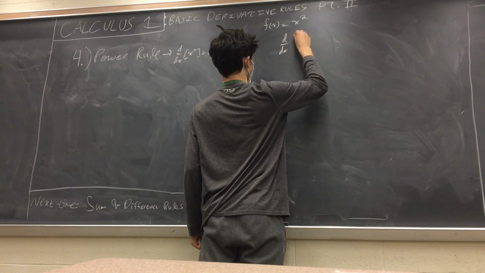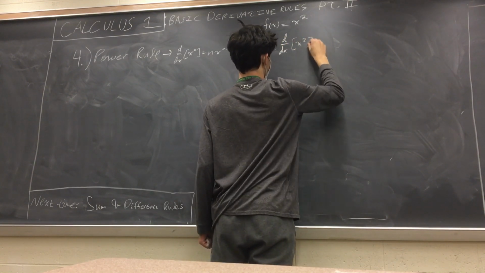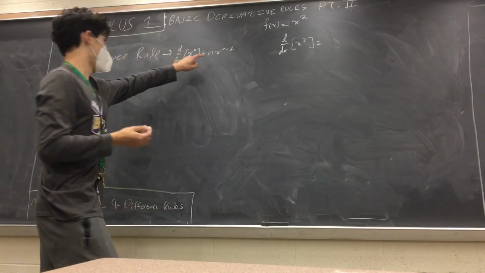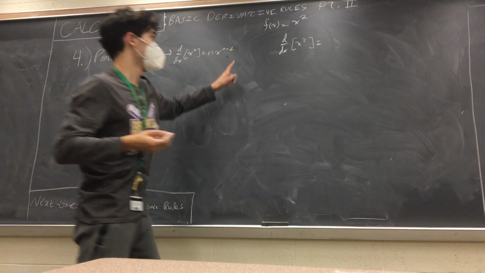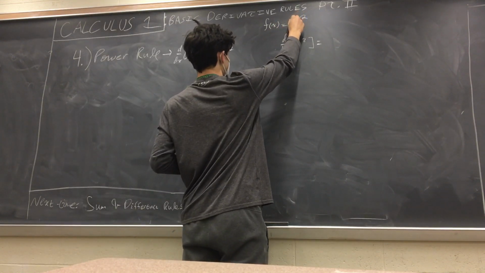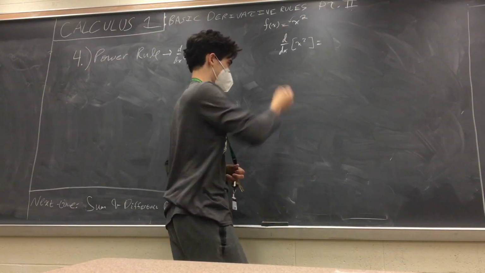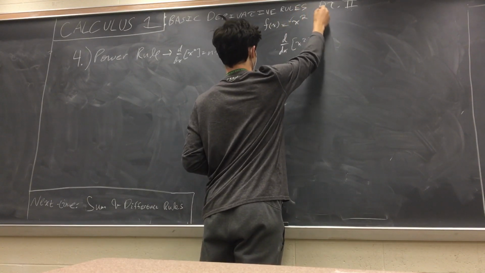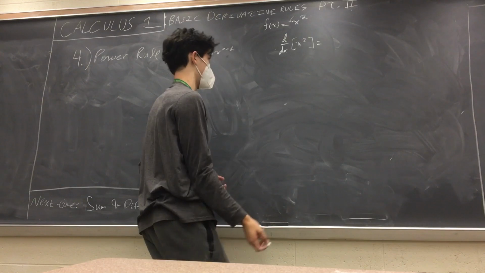So if we want to differentiate x squared, what we do in this nx to the n minus 1 is we multiply the coefficient by the exponent, and then we subtract 1 from the exponent.